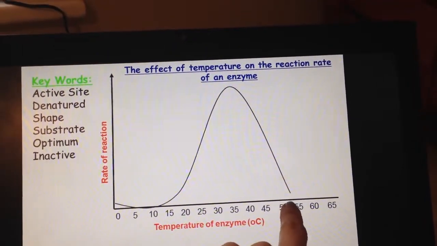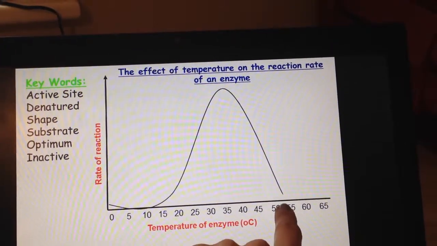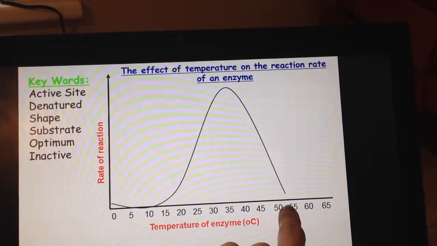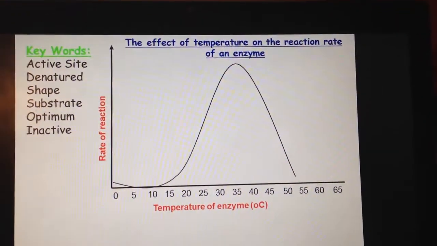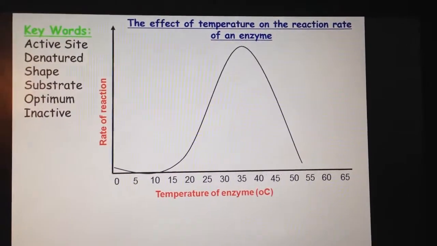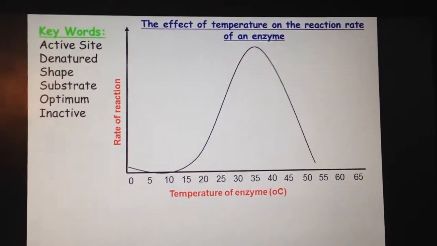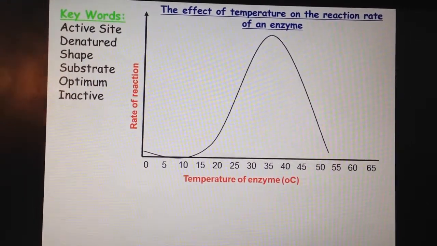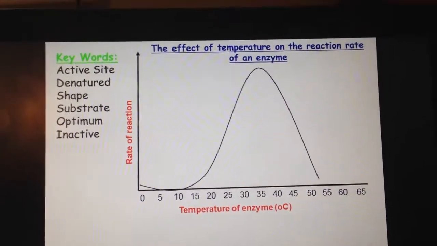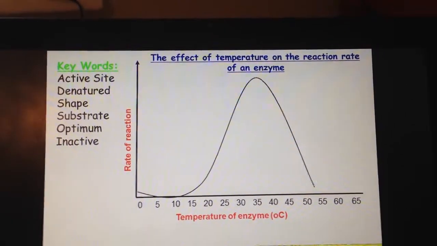This is because the enzyme is now denatured. This means it can no longer do its job properly, and we will have a look at how denaturing affects the structure of the enzyme in a few minutes. The optimum temperature inside the human body for the digestive enzymes to work is usually around 37 degrees. Let's have a little look at the next example.